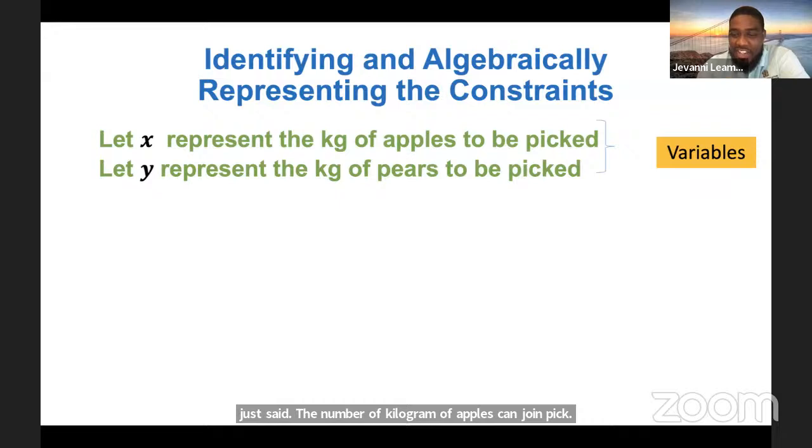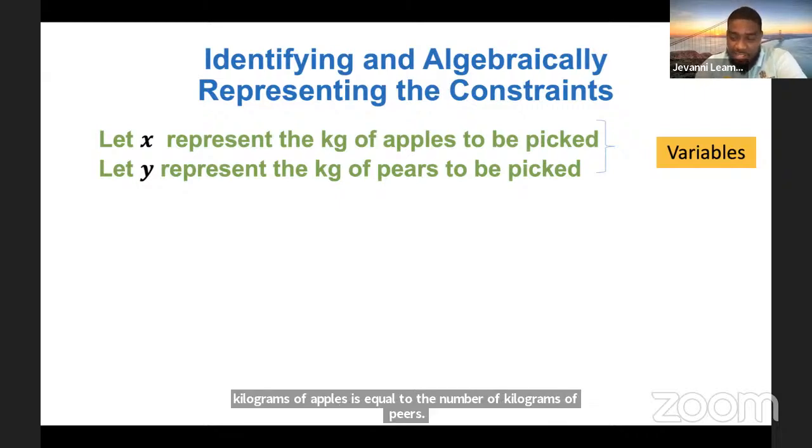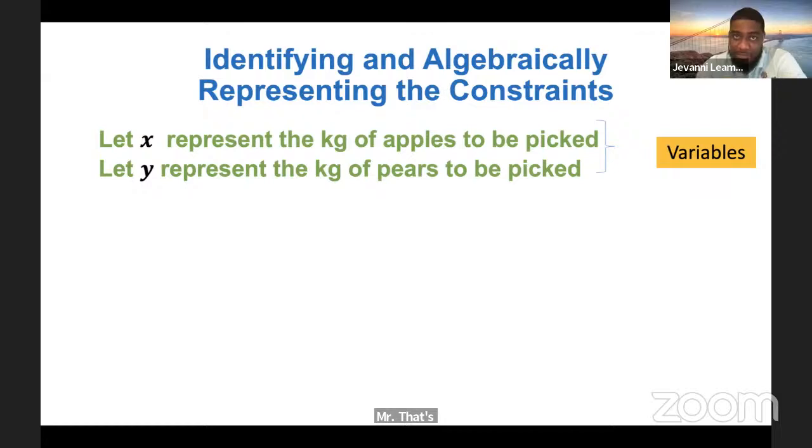So you're saying that the number of kilograms of apples is equal to the number of kilograms of pears? All right, Josiah, go ahead. I said the same thing about x is equal to y. All right, Shania, go ahead.